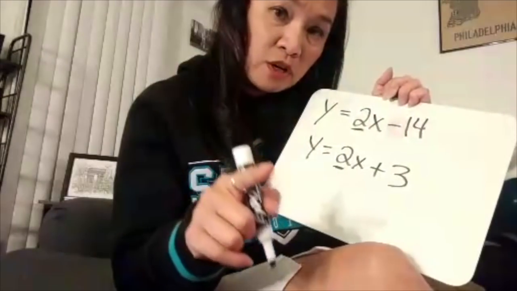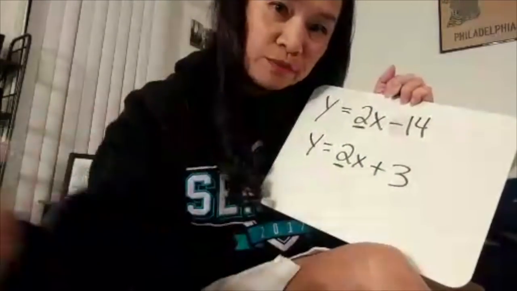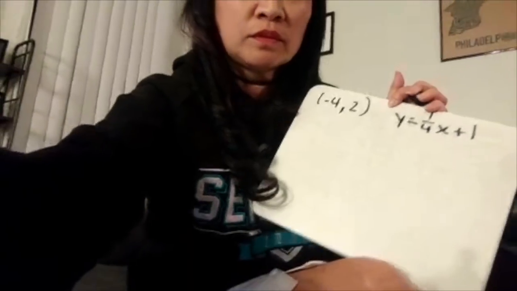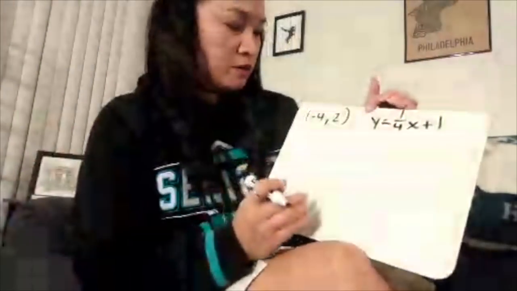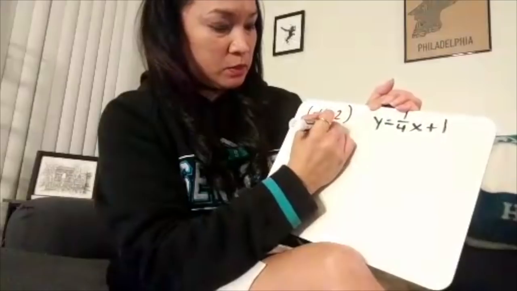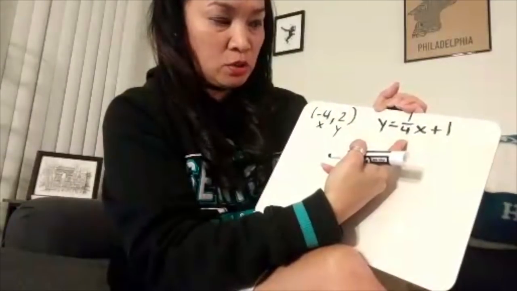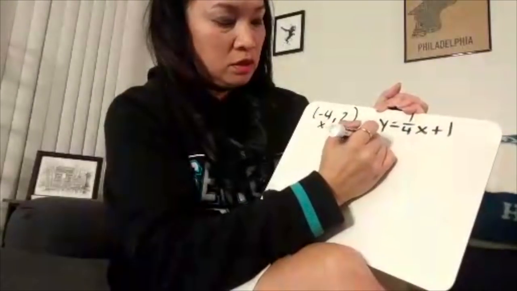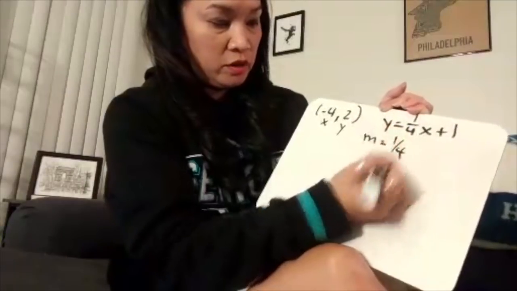Now I want you to pause the video, and I want you to do monitoring progress 2. Okay, hope you're done with monitoring progress 2. Here it is. This one is my x, this one is my y. What is my slope of the first equation? 1/4. Good job.